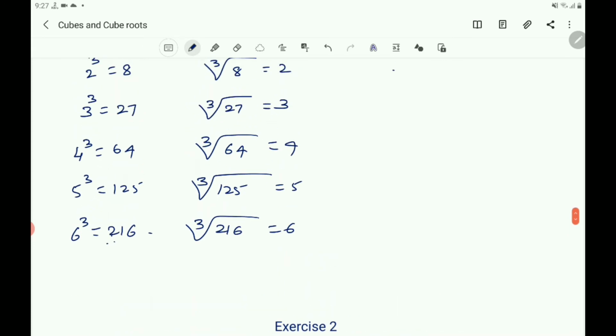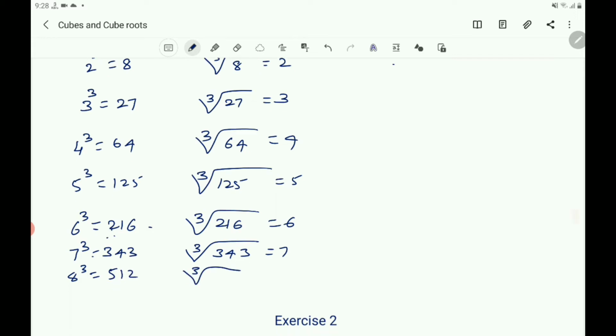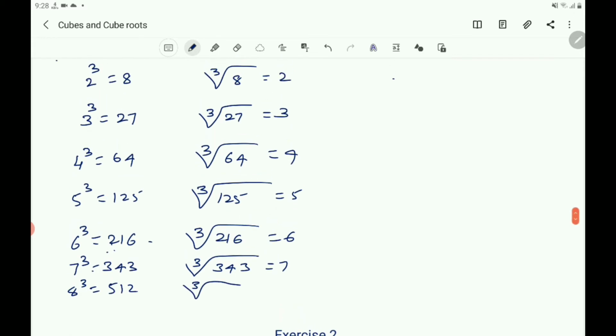And also you know 7 cube equals 343, and cube root of 343 is 7. Next, 8 cube equals 512, cube root of 512 is 8.